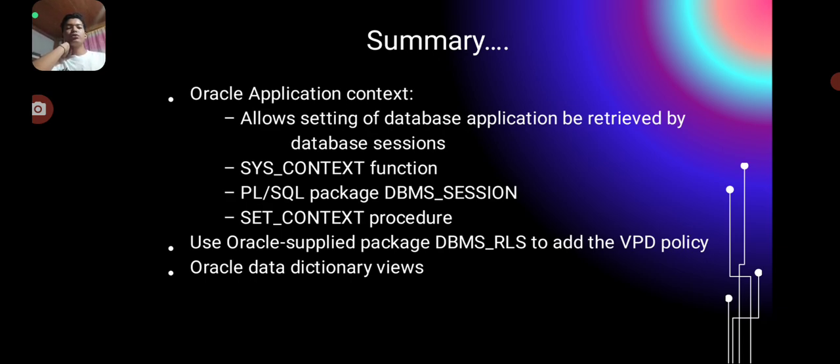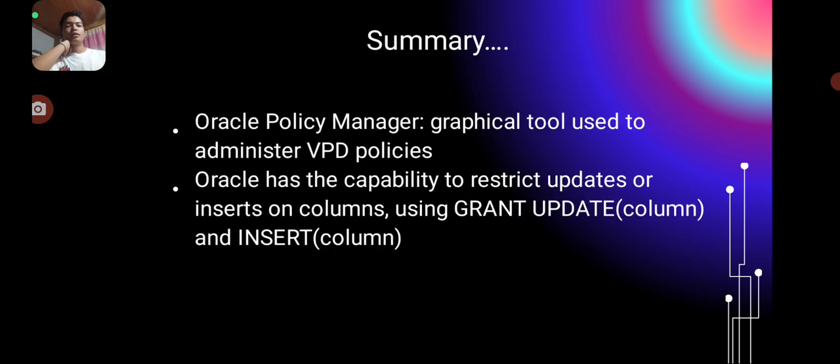Then use the Oracle supplied package DBMS_RLS to add the VPD policy. Then the Oracle data dictionary views. The Oracle Policy Manager is a graphical tool used to administer VPD policies.